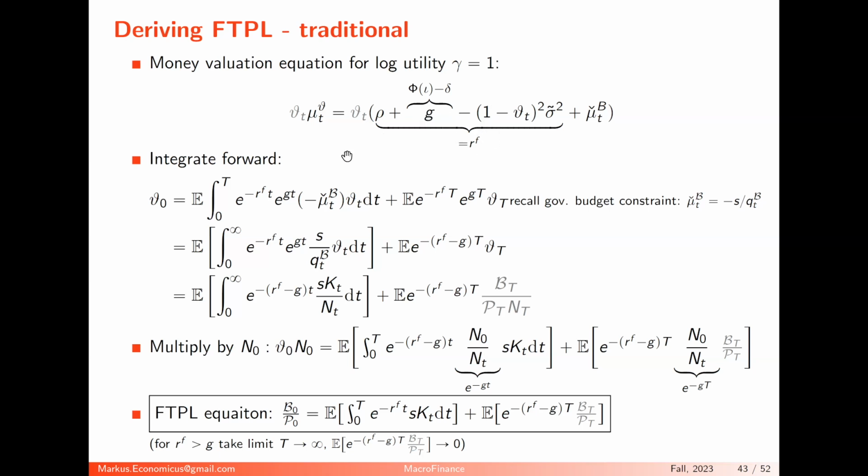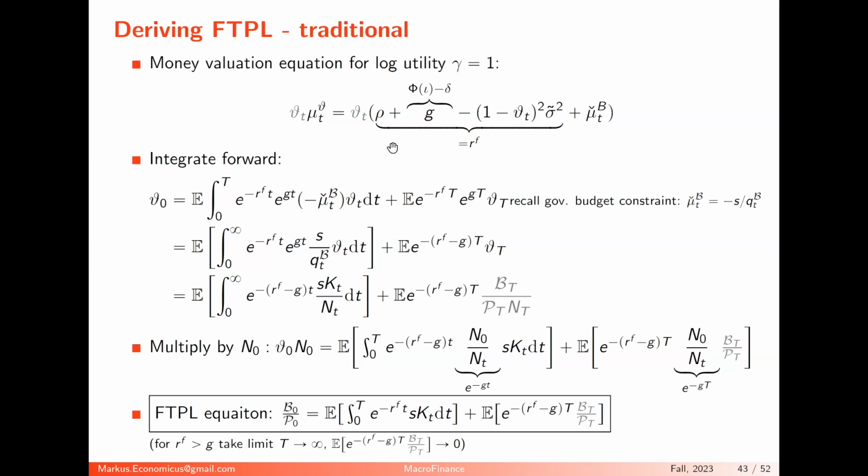And then I integrate this forward. I won't have the time to really go through it in detail, but at the end I get my FTPL equation. This is just the real value of all government bonds, discounting all the primary surpluses at the risk-free rate. There's no aggregate risk, so I just discount at the risk-free rate.